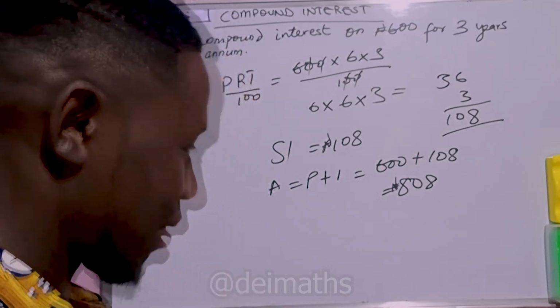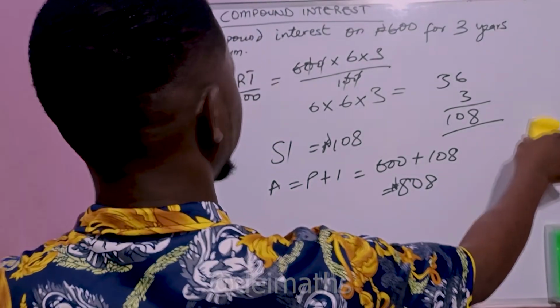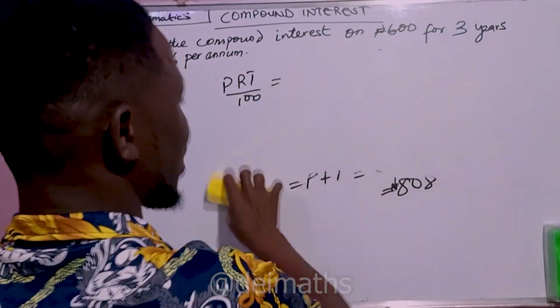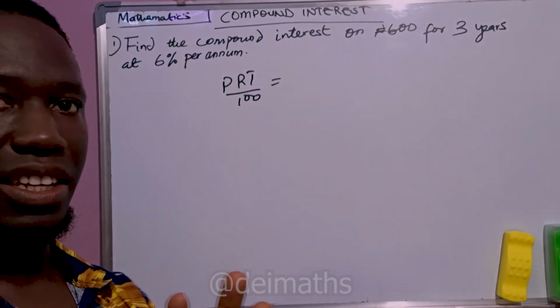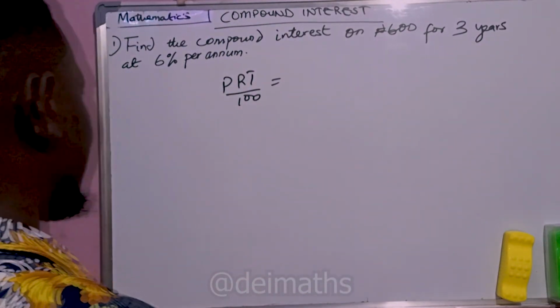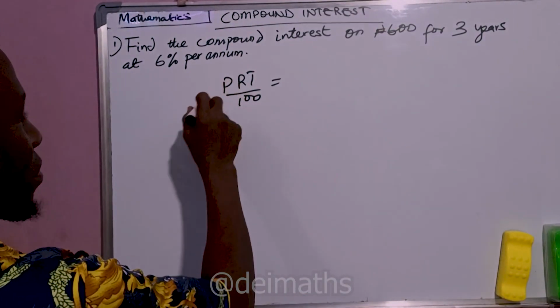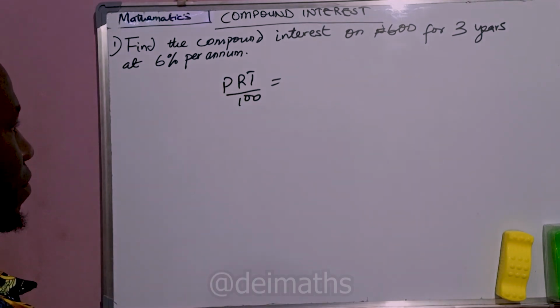Let me tell you what I mean. Let's calculate the simple interest for a particular year. Now, our formula for simple interest is this.